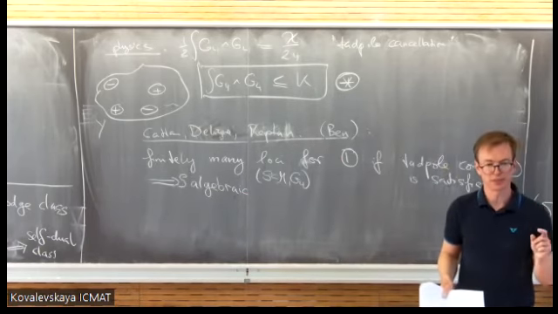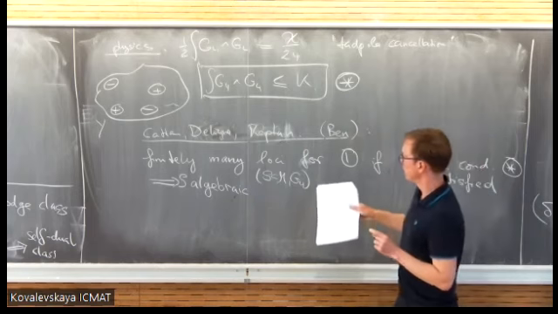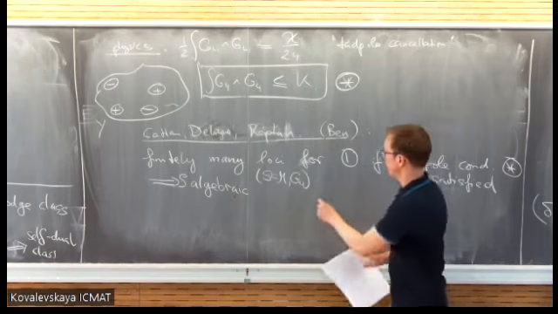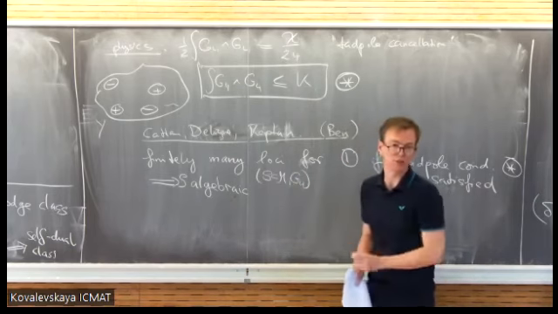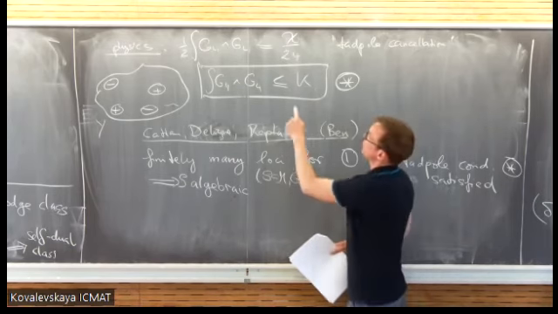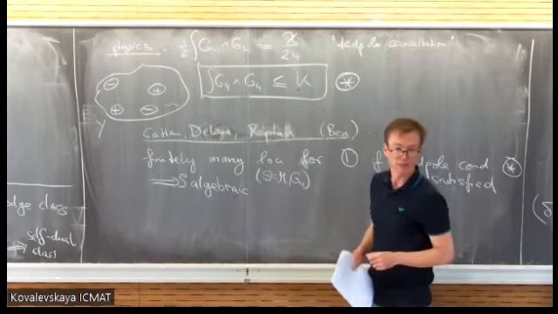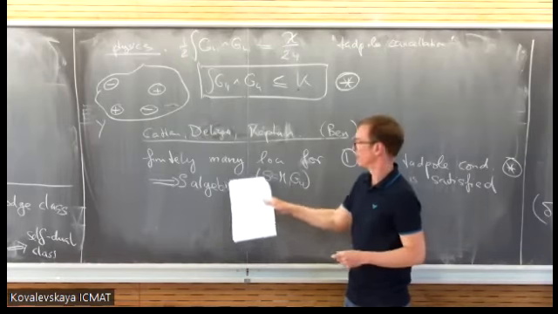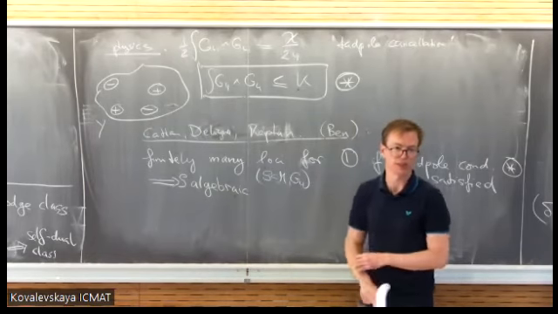But the theorem is deeper than this. It says that there are only finitely many pairs. So there exist only finitely many G4s which you can pick to satisfy these bounds. And the collection of all of these loci is algebraic.